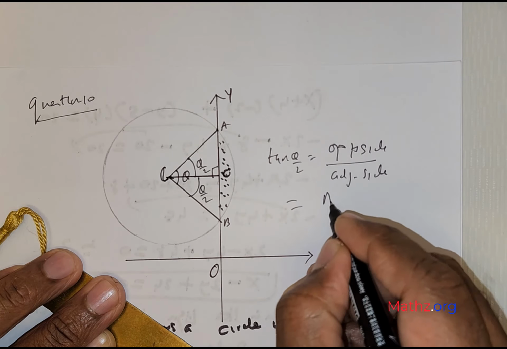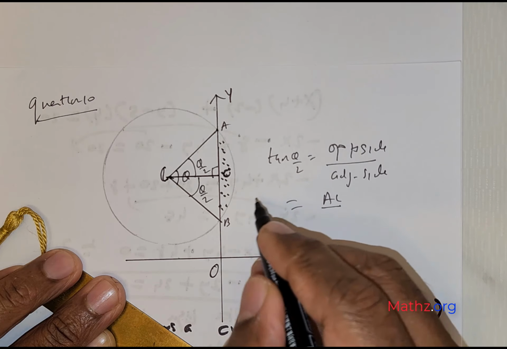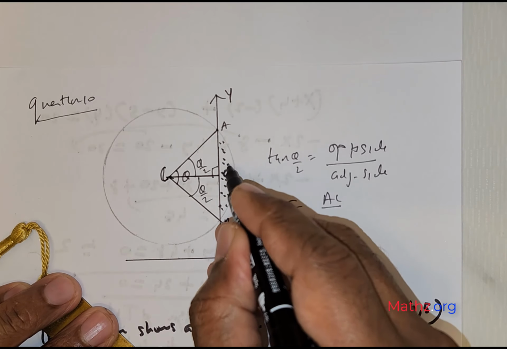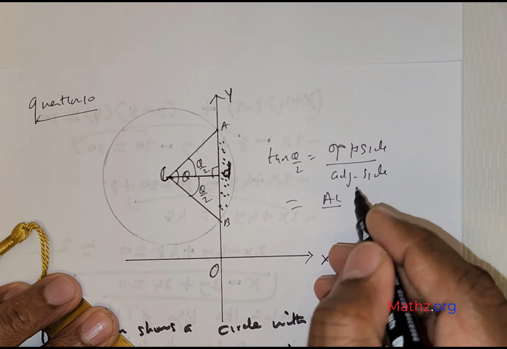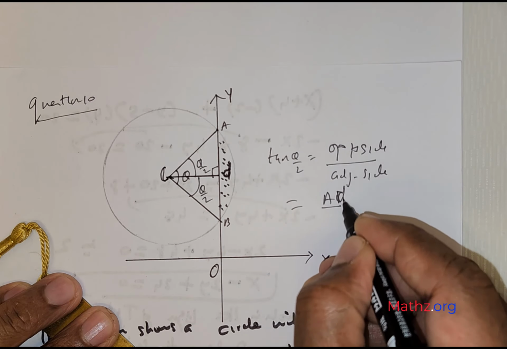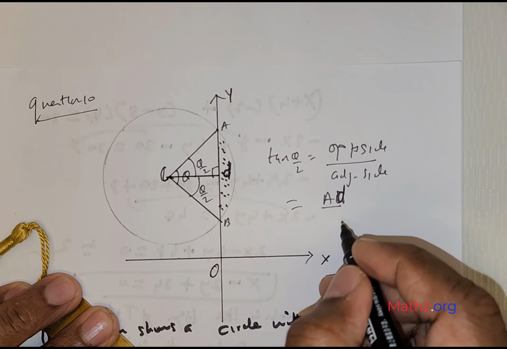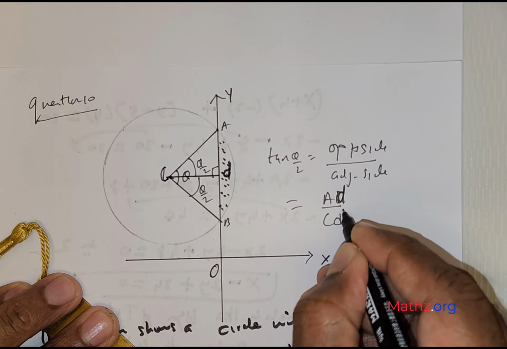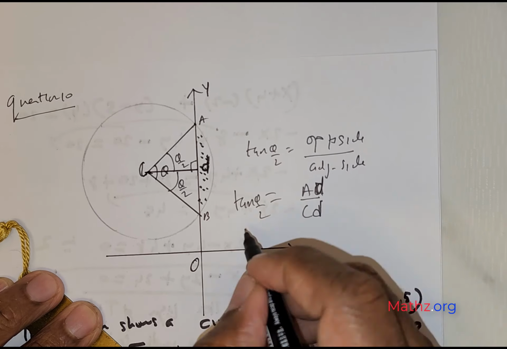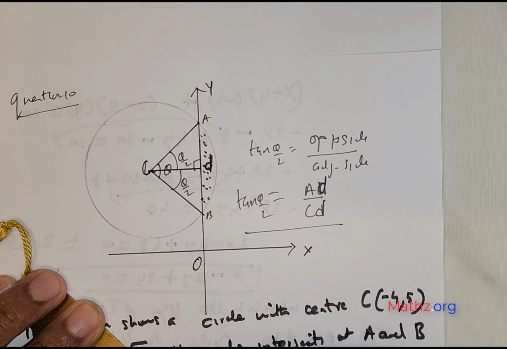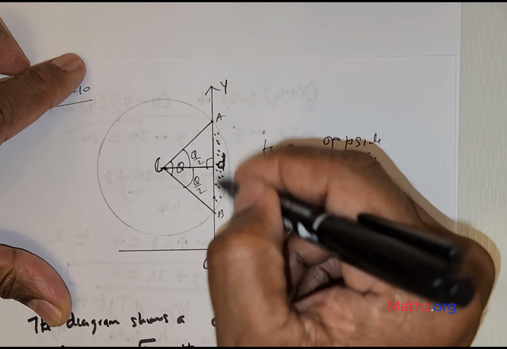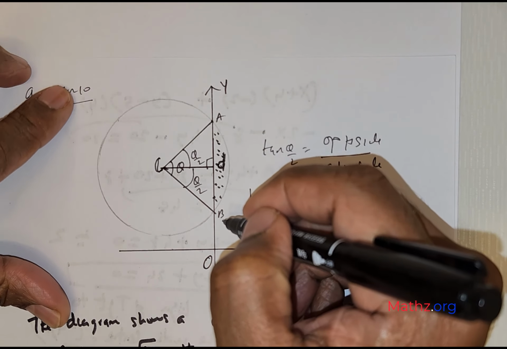My opposite side is AC, my adjacent side, I already have C here, so I will place this as some D. So AD divided by CD is going to be tan theta over 2. From here I would extract theta over 2. That's the basic idea. Now for that I need this entire line AB.